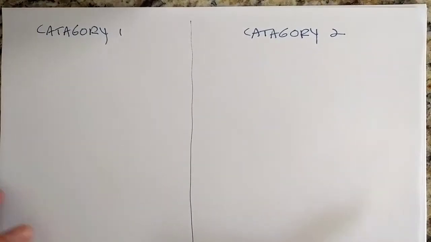All right, so, there we go. We have category 1 and category 2. Let's divide our paper in half.